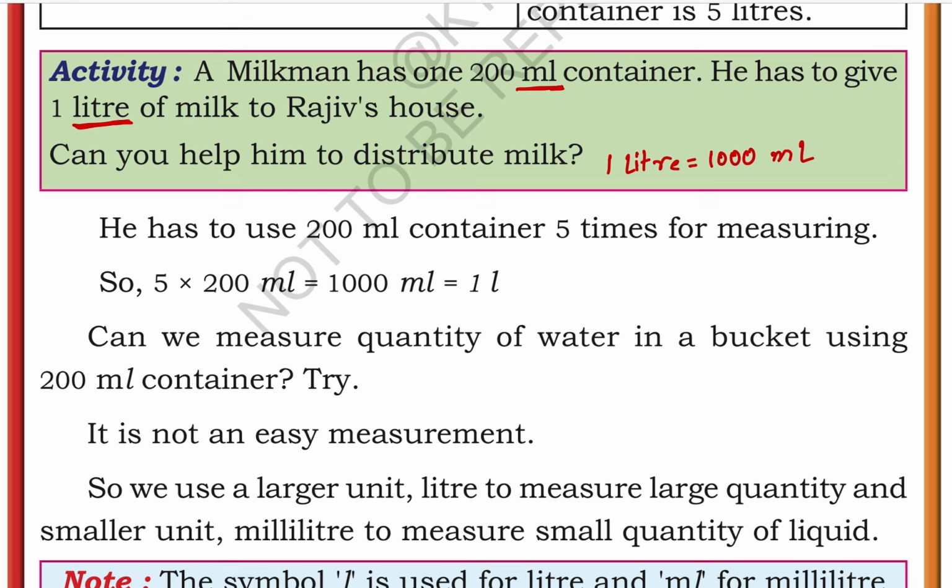He has to use the 200 ml container 5 times for measuring, because he has only a 200 milliliter container. So, if he gives milk one time, it will be 200 ml.